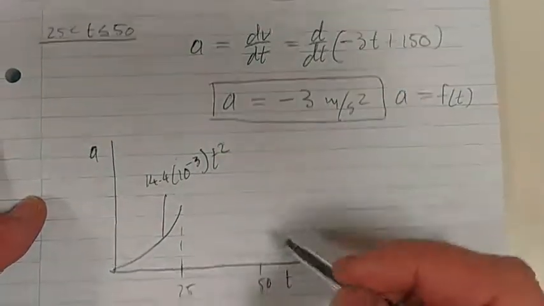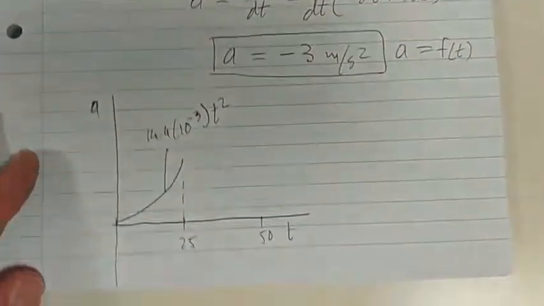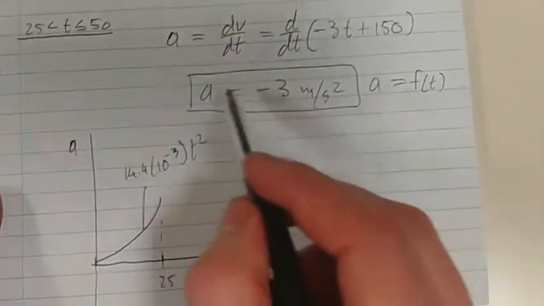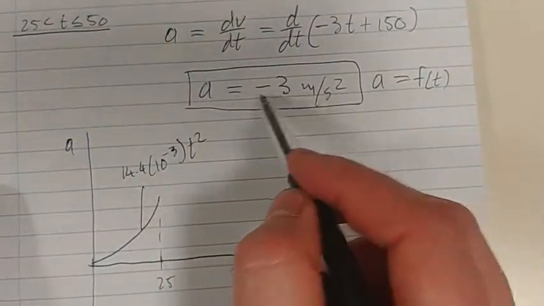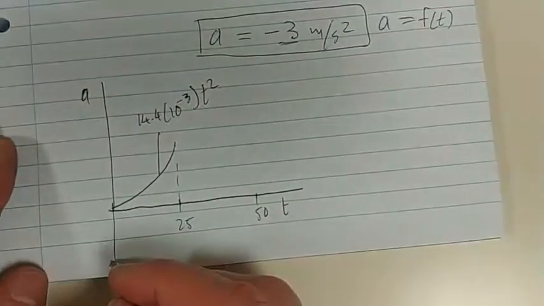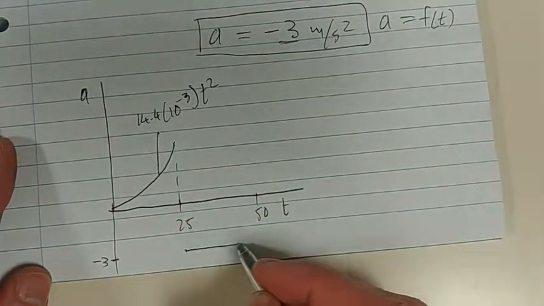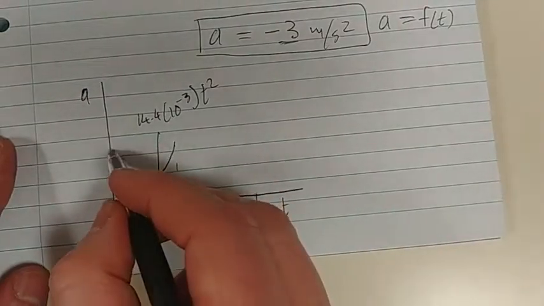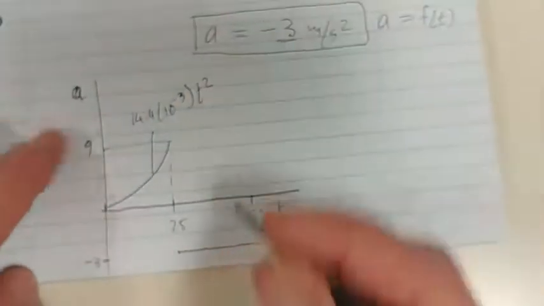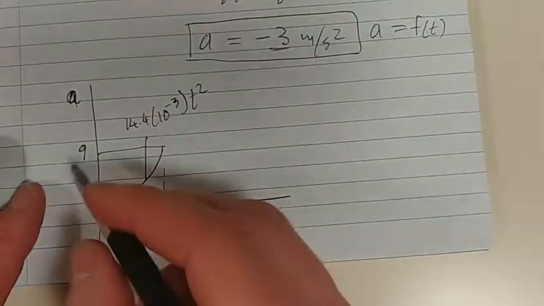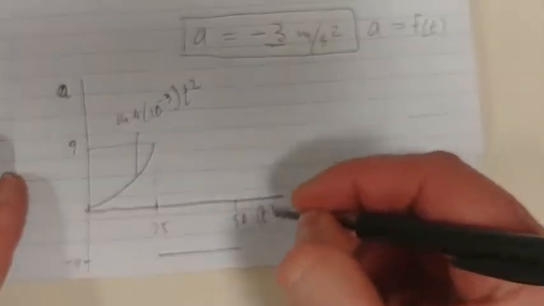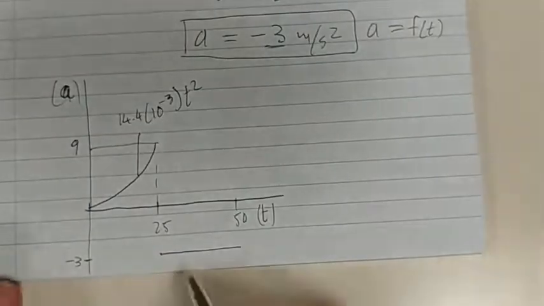I didn't draw this that well. And then what is the second function? It's just a constant minus 3. There it is. And what's the value there? It's 9. That's not a 9 on the time axis, that's an acceleration. This is time there, acceleration there.